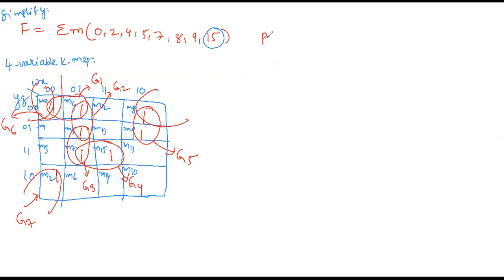Okay, what are the prime implicants? Prime implicants are G1, G2, G3, G4, G5, G6, G7. In this, now post your answer to the chat box, which are essential prime implicants.